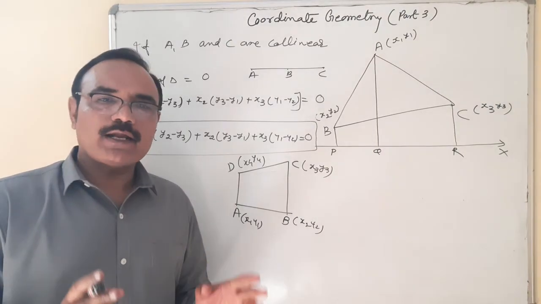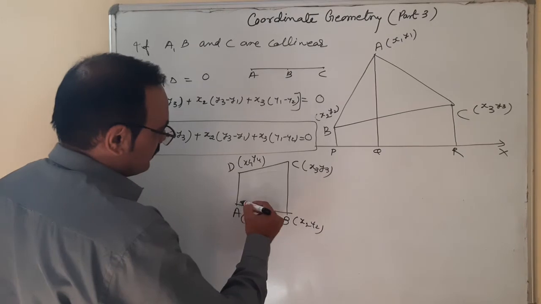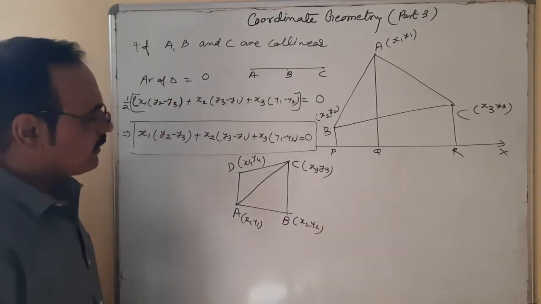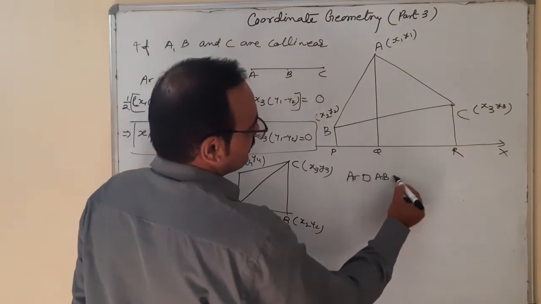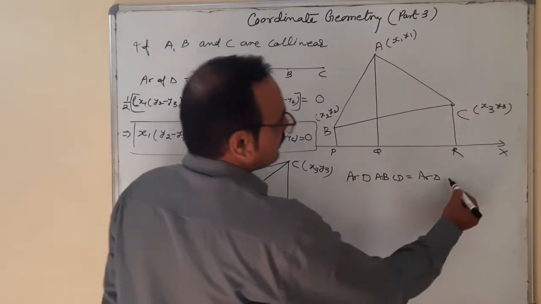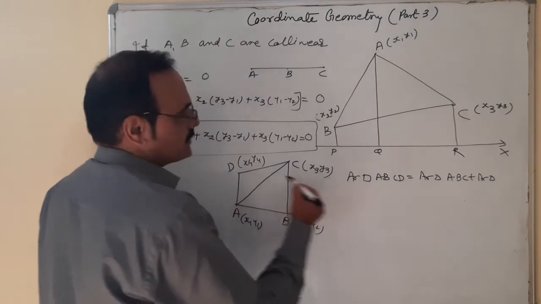Okay. We know how to find the area of a triangle. So simply you can join it from A to C or B to D. You have joined from A to C. So now what happens? Area of ABCD is equal to area of triangle ABC plus area of triangle ADC.